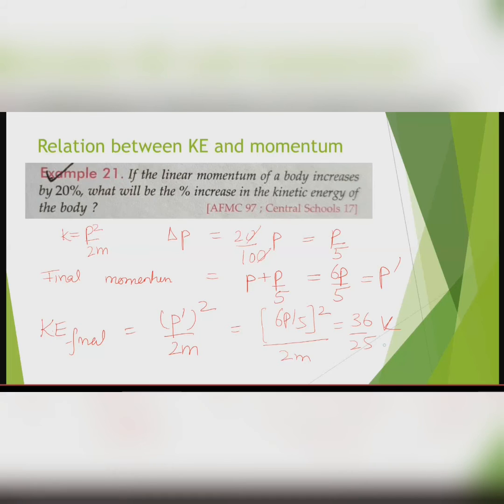Now what will happen to 2m? Okay, I have skipped a step. See, I can write it as 36 by 25 into P square by 2m, right? If you see, P square by 2m is my initial kinetic energy.